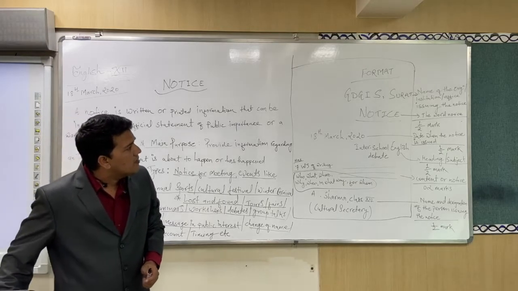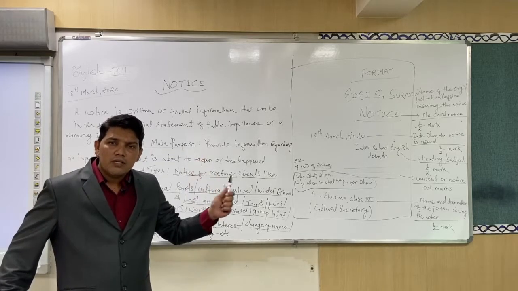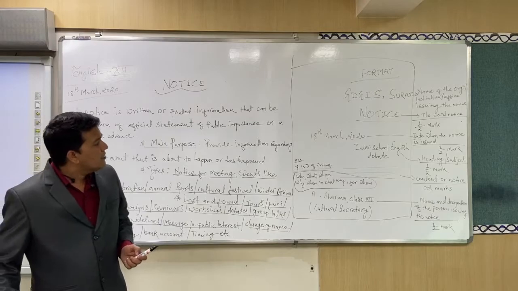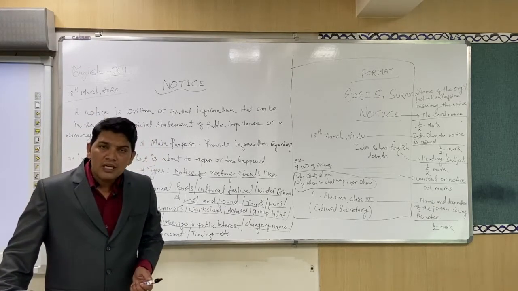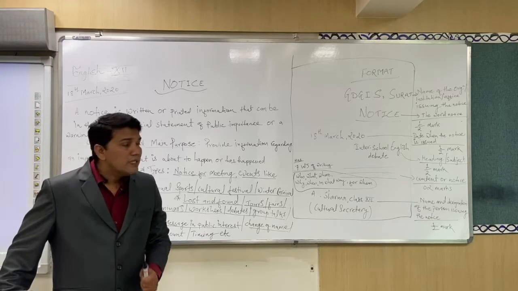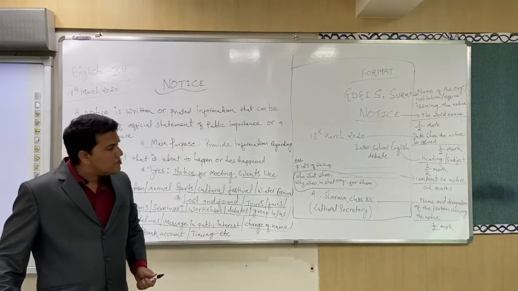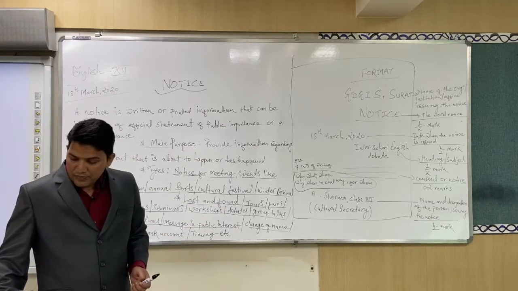Just after the name of the organization, you have to write the word notice in capital letters. Date of issuing: you need to mention the date on which you have issued that particular notice, right on the left side.